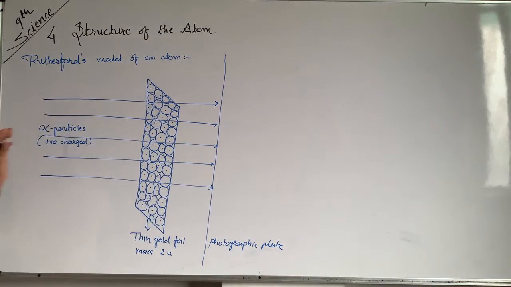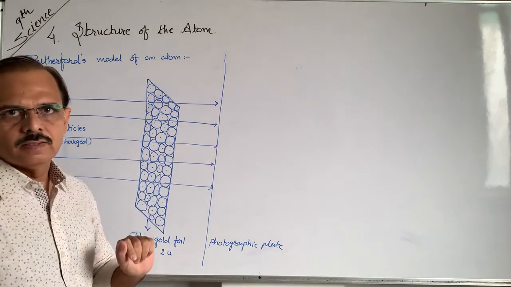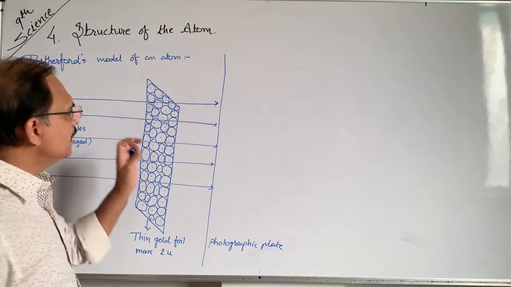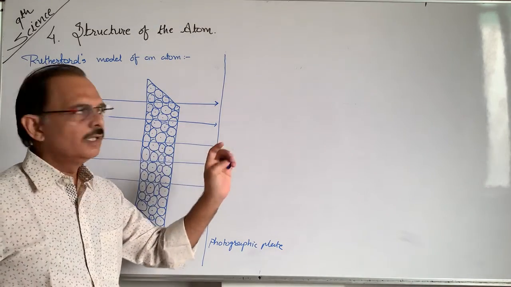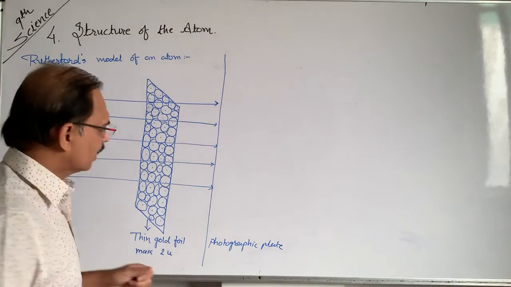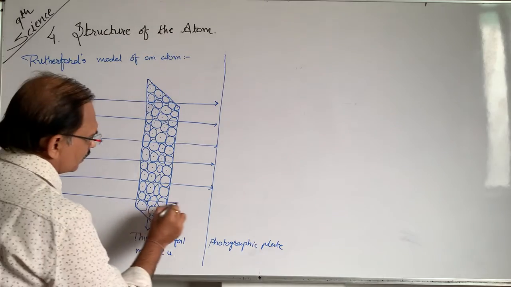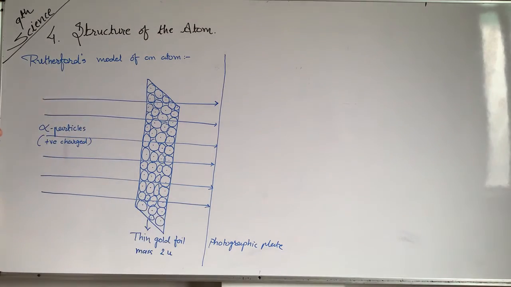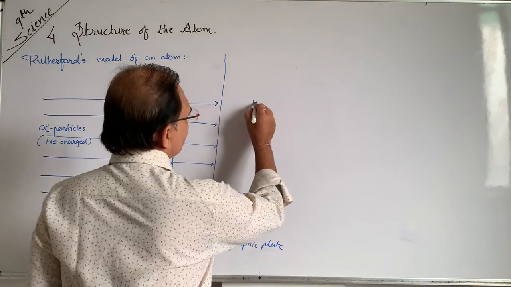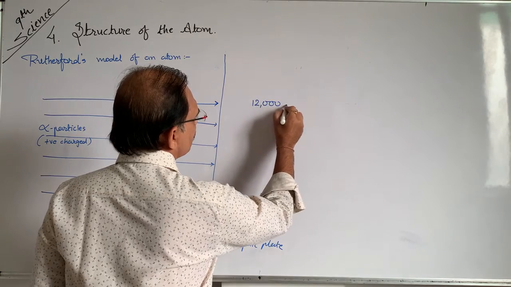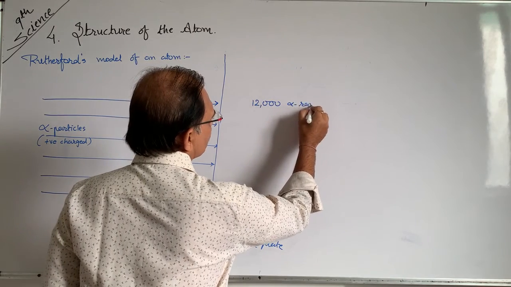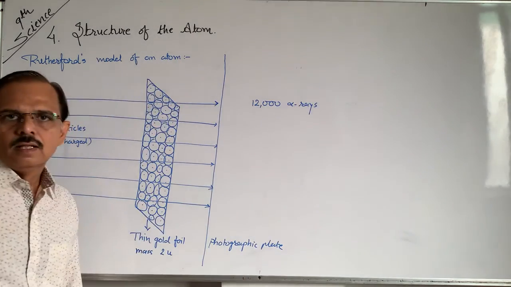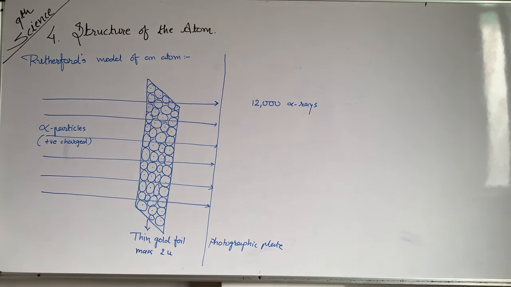When one ray passes, there is one blink. It means one ray easily passes through this gold foil and makes a blink on this photographic plate. In the same way, he passed 12,000 alpha rays through it.